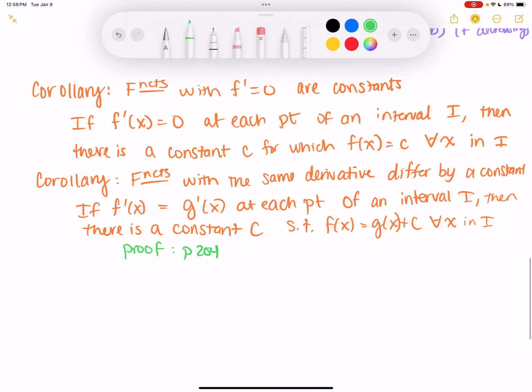Okay. I just have one definition left, I think. Definition.